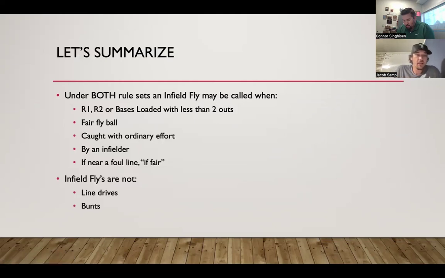So let's recap, we'll keep it mechanical. We either need a runner on first and second, or bases loaded with less than two outs. A fair fly ball that is able to be caught with ordinary effort by an infielder or an outfielder stationed in the infield. And if it's near the foul line, it's going to be if fair. They are not line drives, are not bunts. I think, Connor, you said it was sharp and direct. Is that what you said for a line drive?